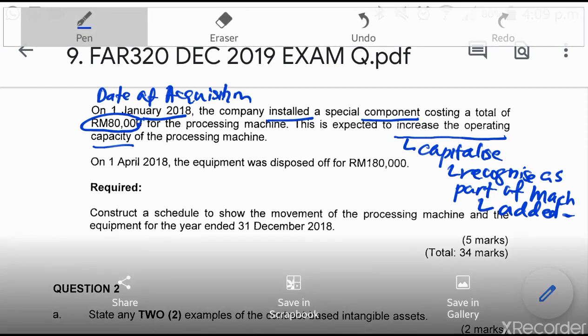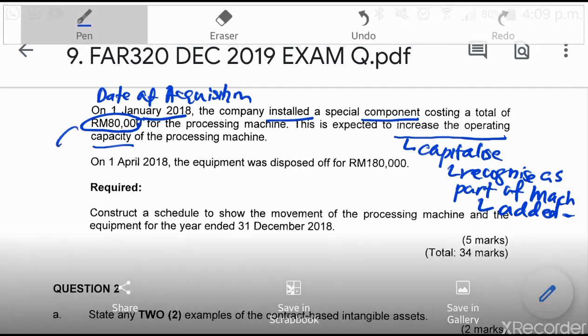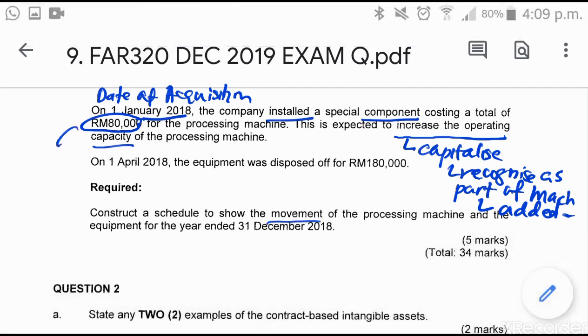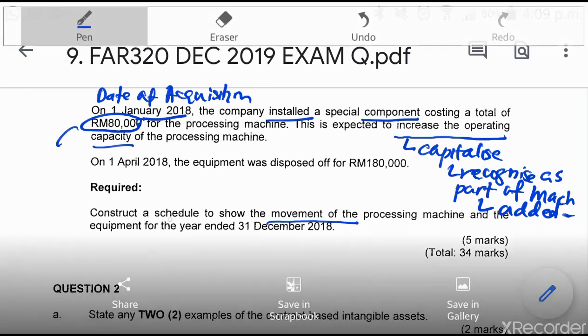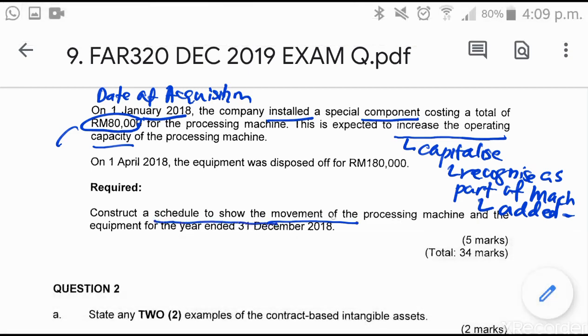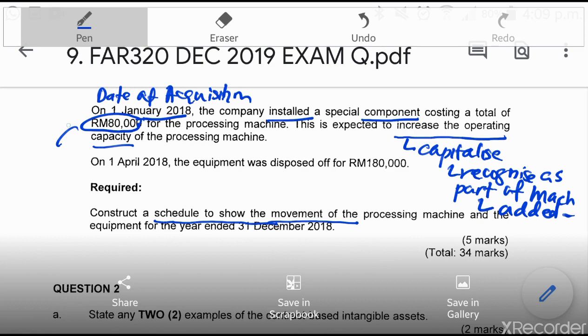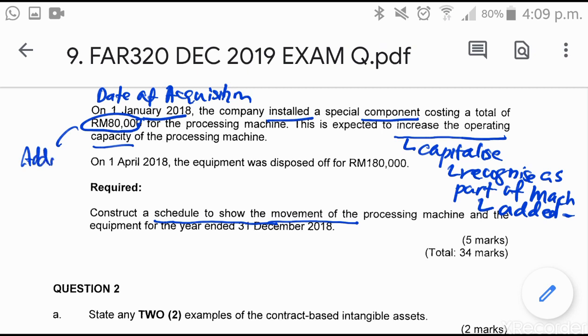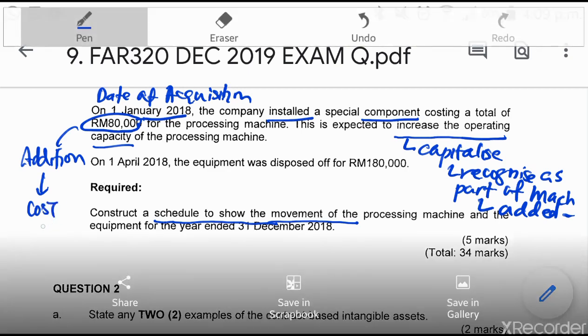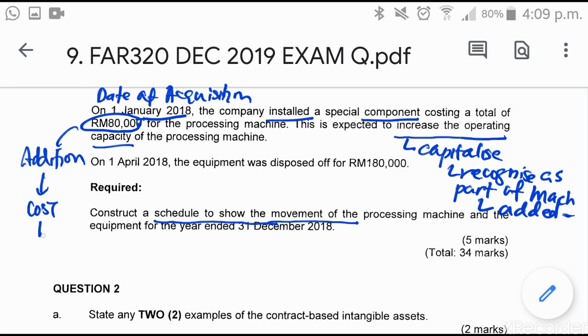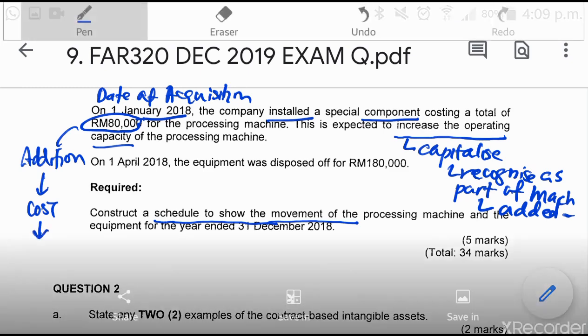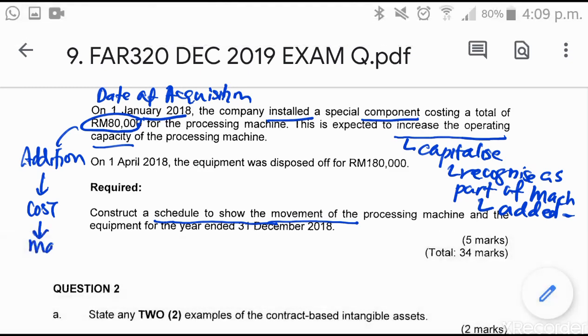Okay. So meaning to say that 800,000, if you talk about the impact to this so-called movement notes that you are going to prepare, this 800,000 will have to be your so-called addition, in your cost section of your PPE note, where we are talking about the machine.